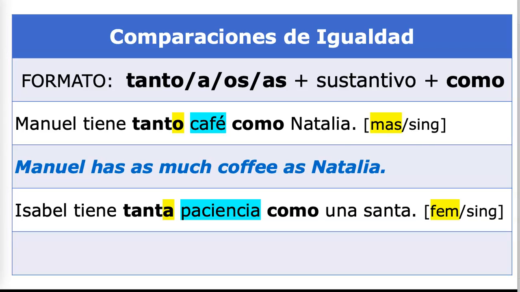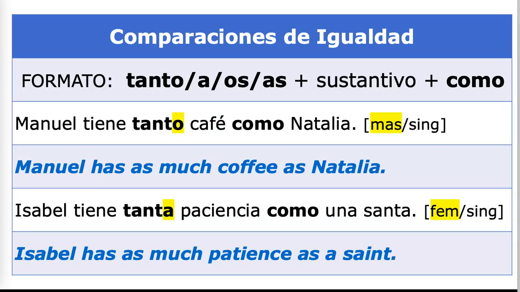Isabel tiene tanta paciencia como una santa. And notice paciencia is feminine and singular, so we use tanta. Go ahead and translate that sentence. Isabel has as much patience as a saint.